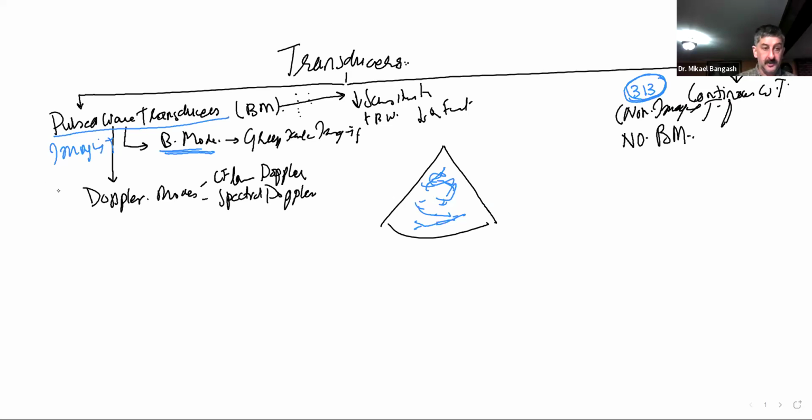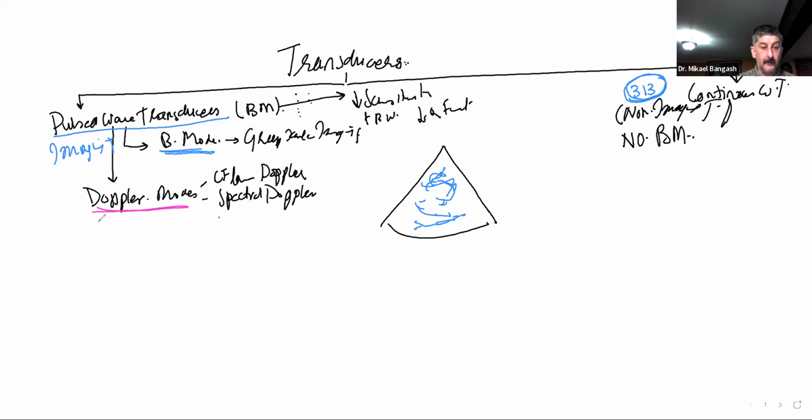But using these pulsed wave transducers, we can also turn on Doppler modes. Is that clear?